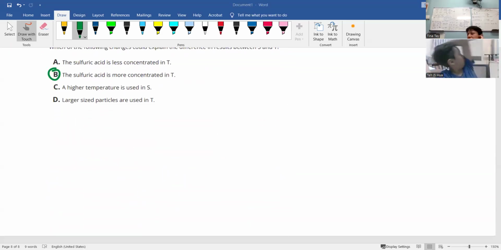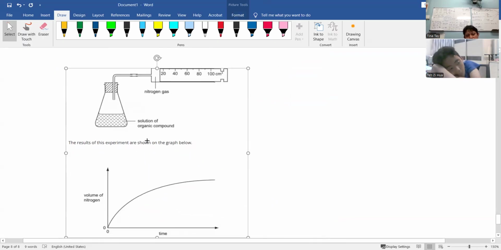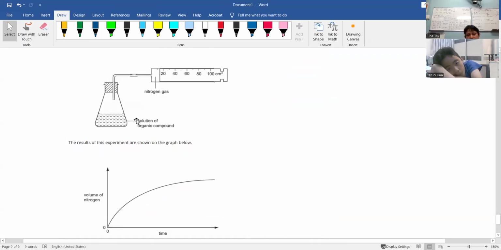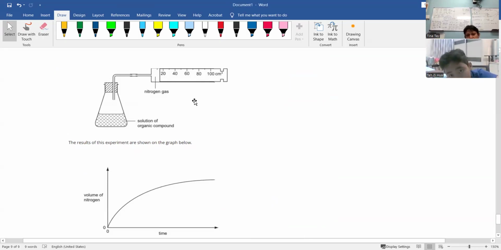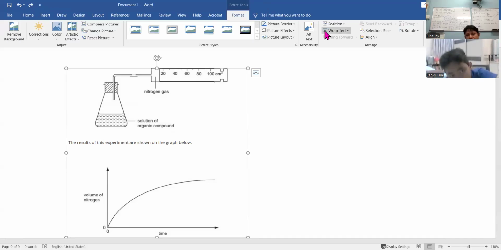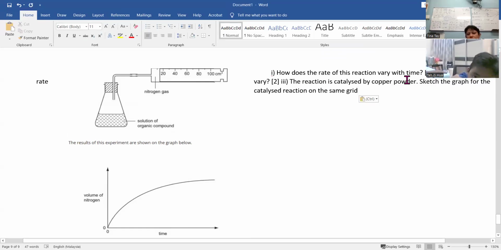Okay, we try one more. This one is structure, okay? Can see? Yeah. Okay.